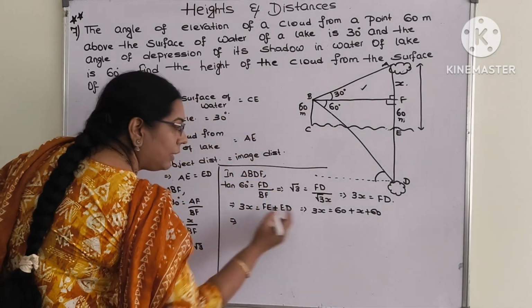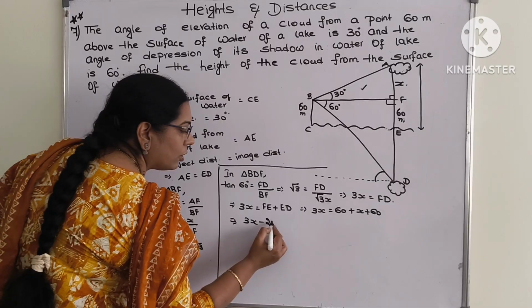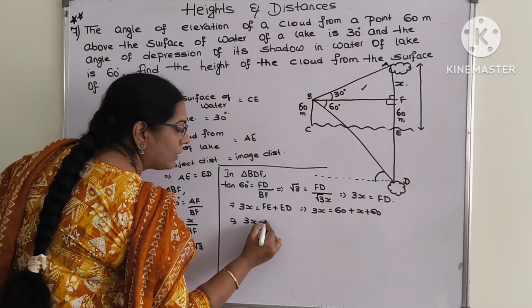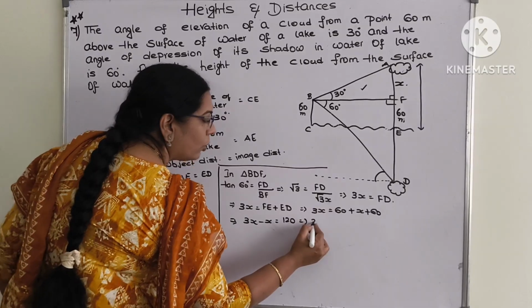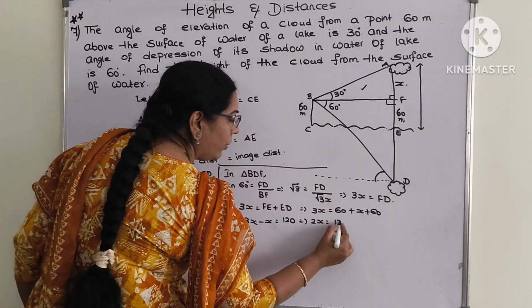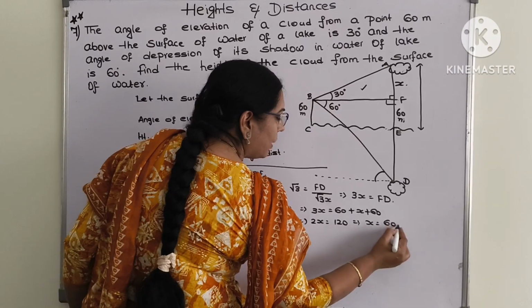That implies 3x, get this x to this side, it becomes x. 3x minus x is equal to 120. So 2x is equal to 120, which implies x is equal to 60.